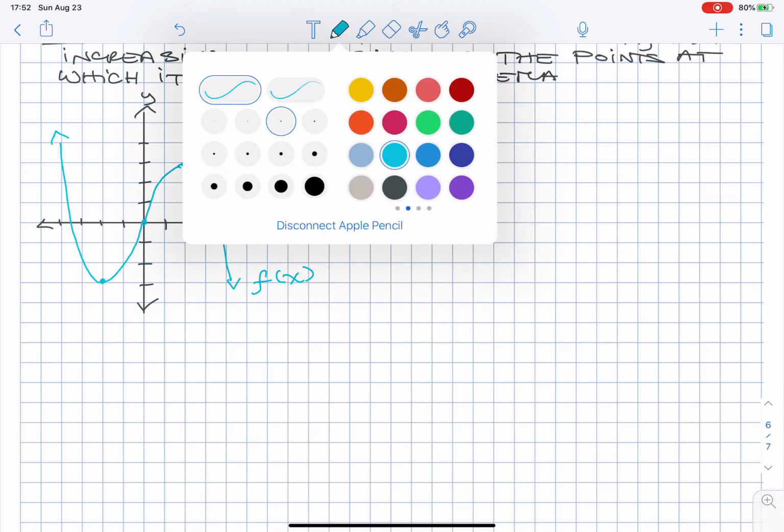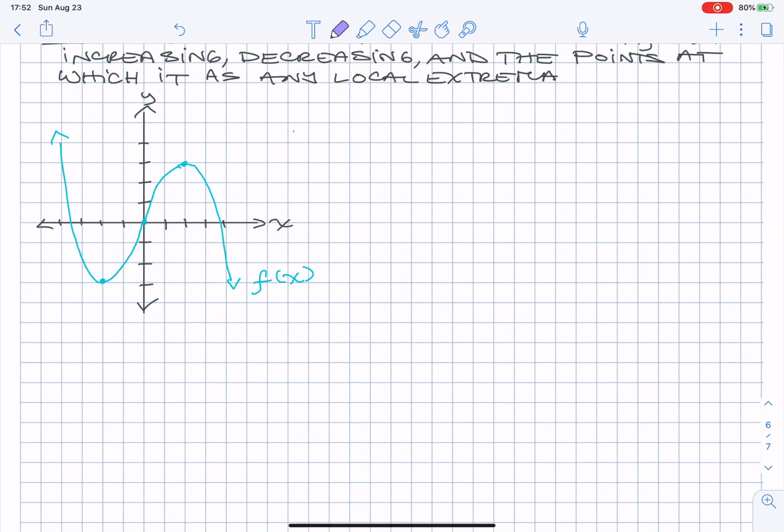Okay, so let's look at increasing. So increasing, that would be going uphill in reading direction. Well, the only part that it's going uphill seems to be here. So that's between -2 and +2 on the x. So it's increasing between -2 and 2.